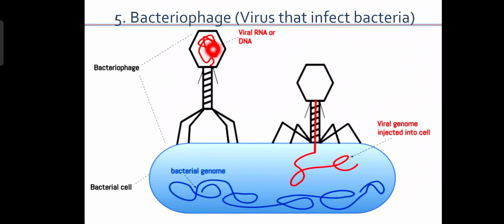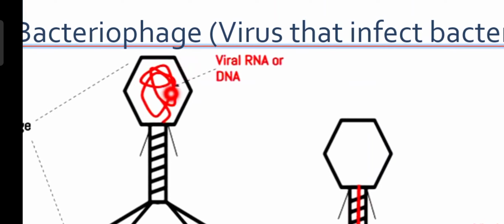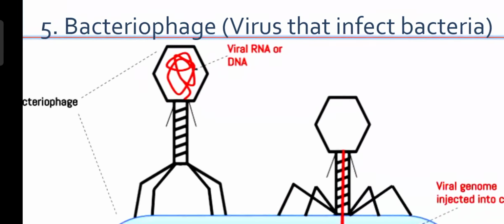Now here you can see the viral RNA or DNA. The viral nucleic acid may consist of either RNA or DNA. So here you can see this nucleic acid of the virus.